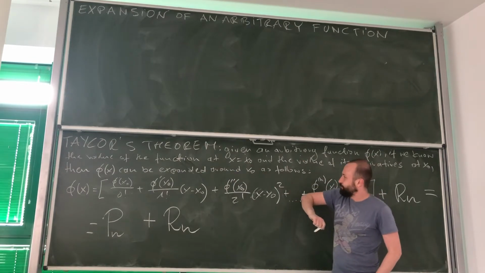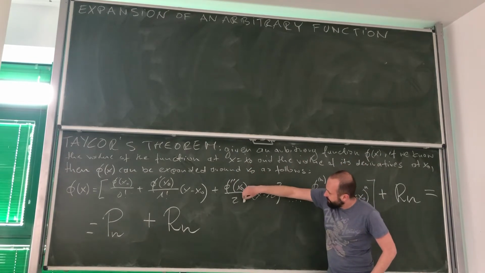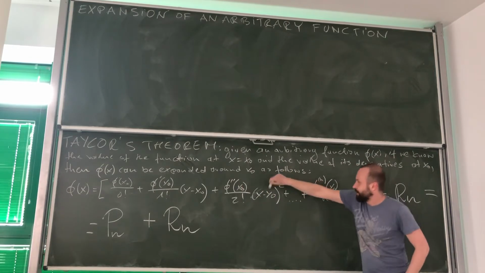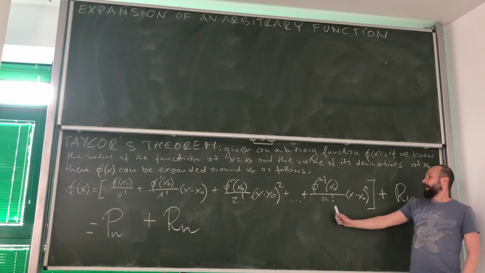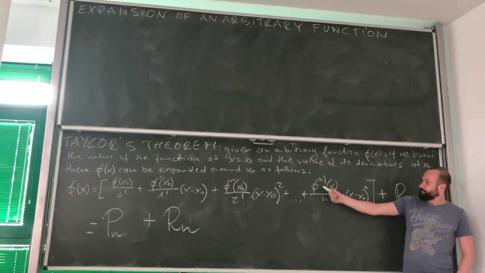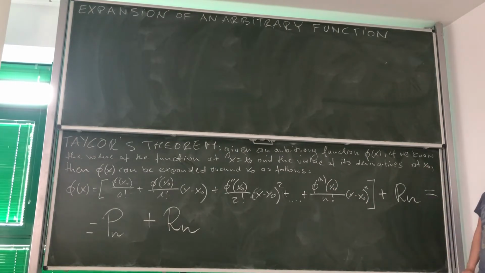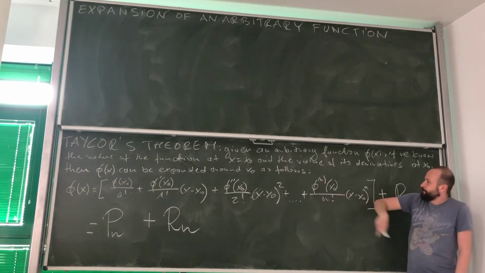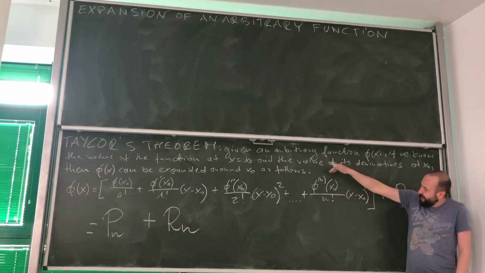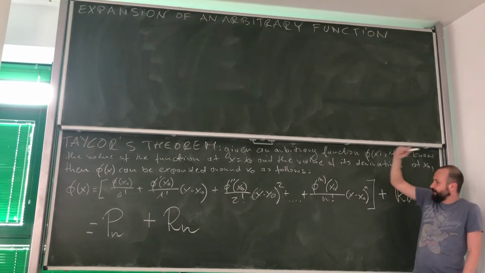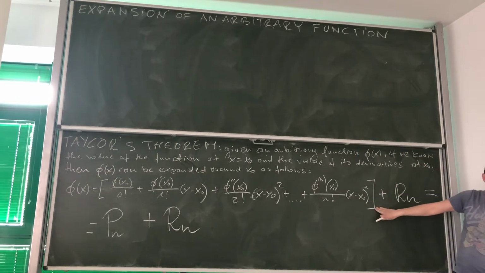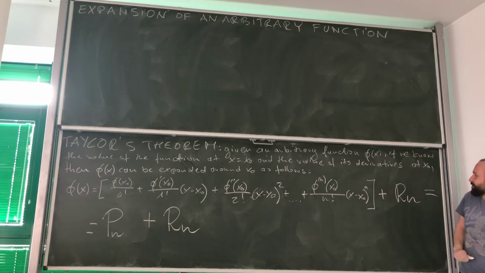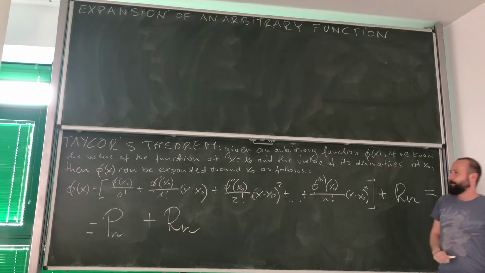Phi double prime of x0 divided by 2 factorial multiplied by x minus x0 squared. And we go like this until we arrive at the nth derivative of phi evaluated at x0, of course, divided by n factorial times x minus x0 to the power of n.